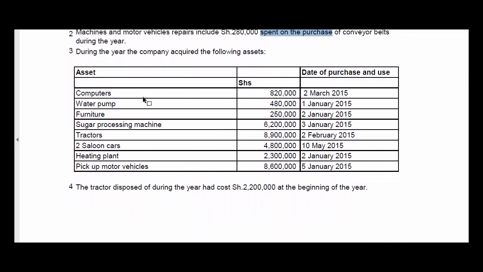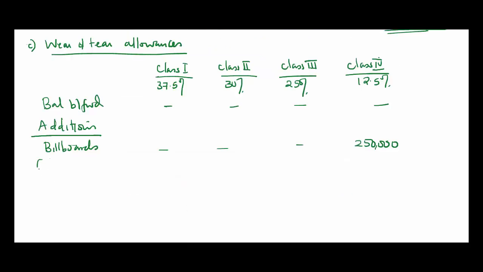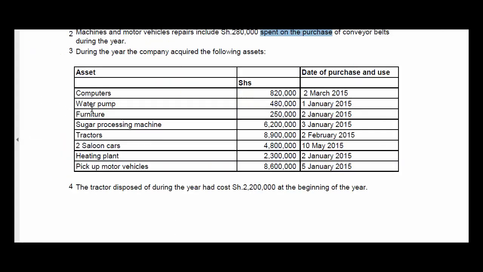So let's look at note number 3. We have computers, 820,000. Computers are in class 2. We have water pump, which we ignore.